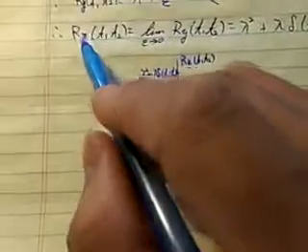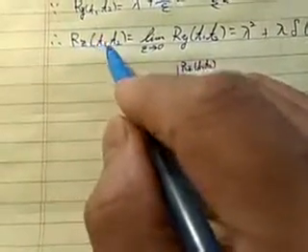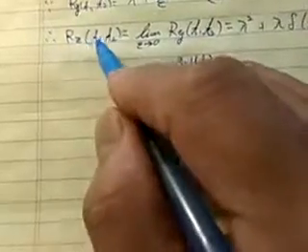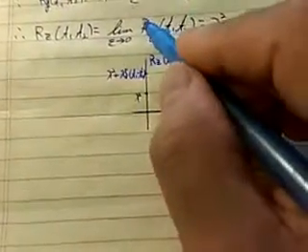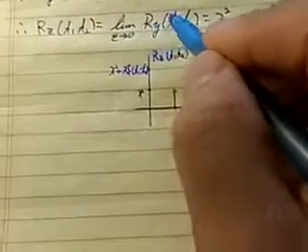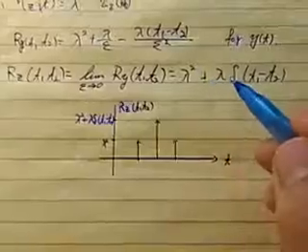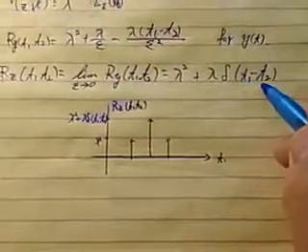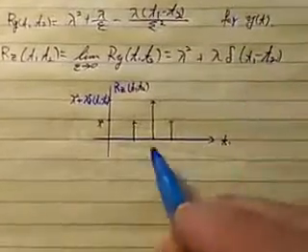For the autocorrelation, R z of t1, t2 will become the limit as epsilon goes to 0 of the autocorrelation of y of t1, t2, which will become lambda squared plus lambda delta of t1 minus t2, and it will look like this.